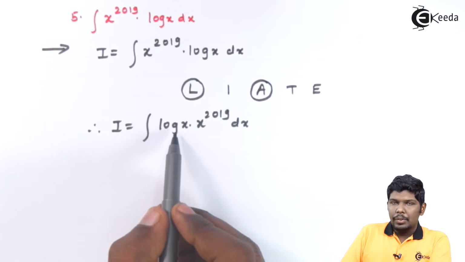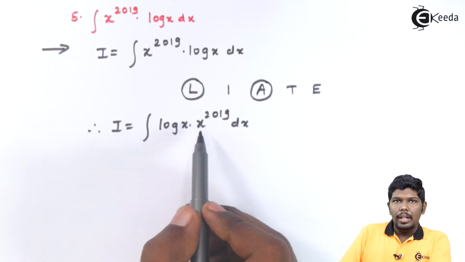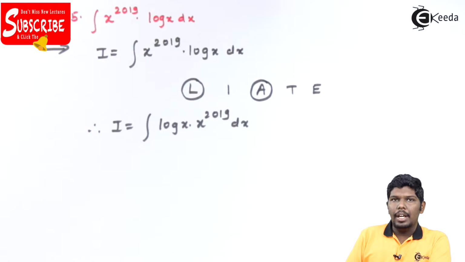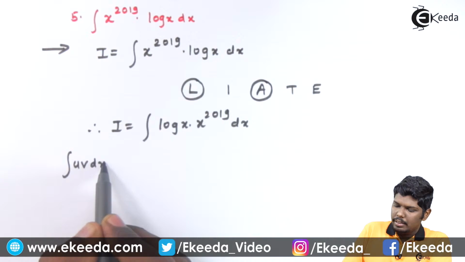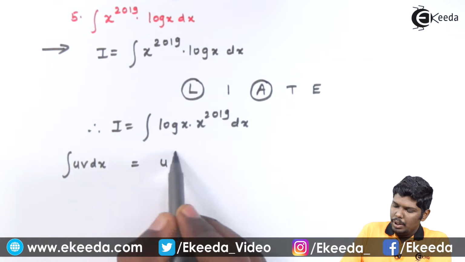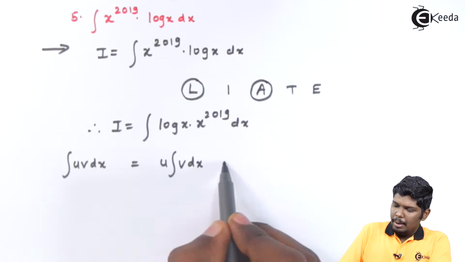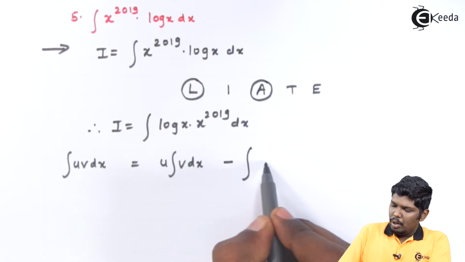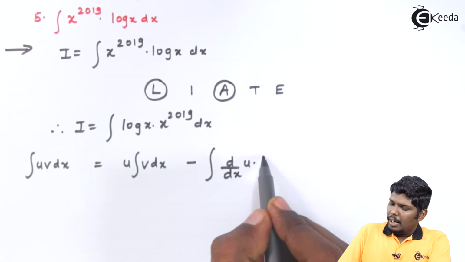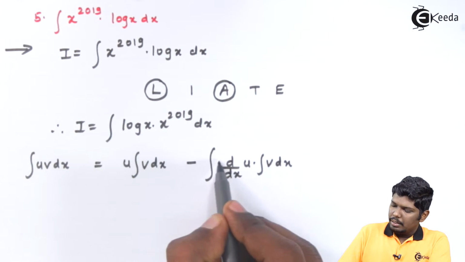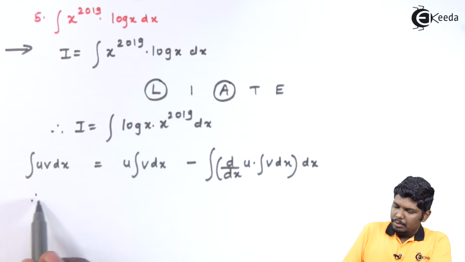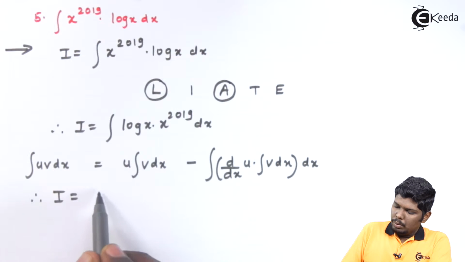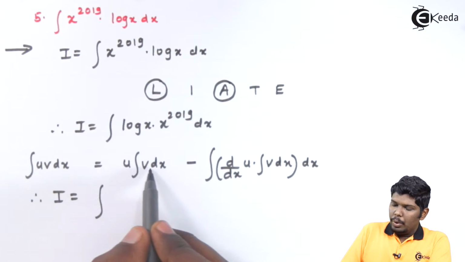Now considering the first function as u and second function as v, we will solve this integration by using the integral uv formula. That is, integral u v dx is equal to u integral v dx minus integral of derivative of u into integral of v dx the whole dx. Therefore I is equal to u into integral of v dx.